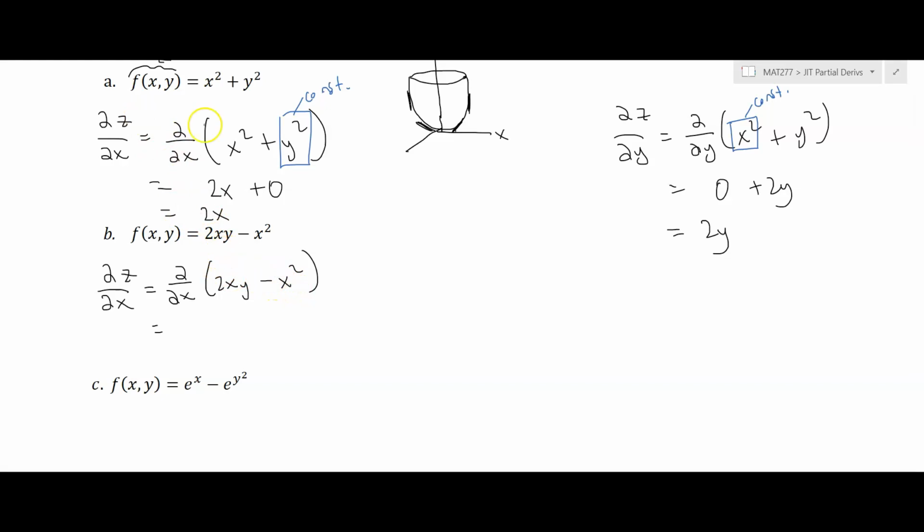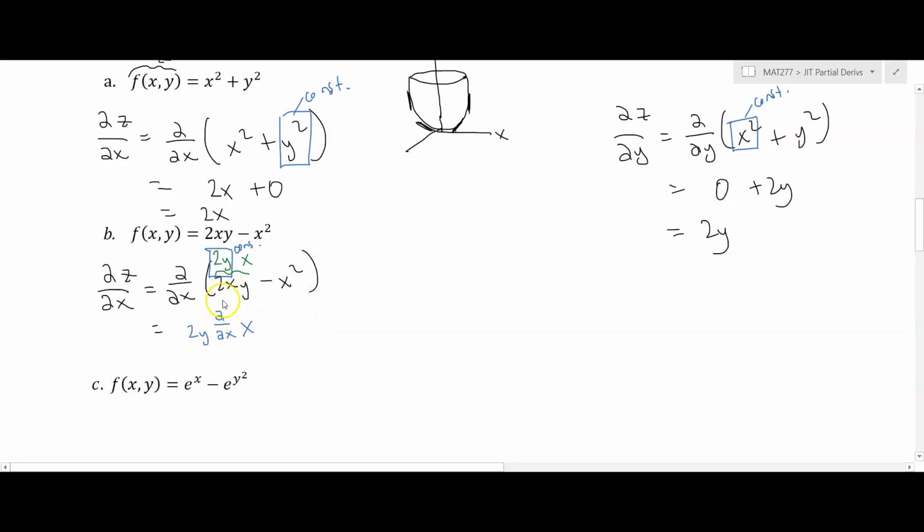Here I'm going to make the argument that since y is being held constant, 2y times x, which is the same thing as 2 times x times y, is constant, which means that if I take the derivative of 2xy, we know that we can factor constants out and just take the derivative of the function of x.